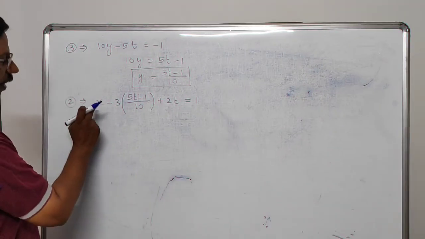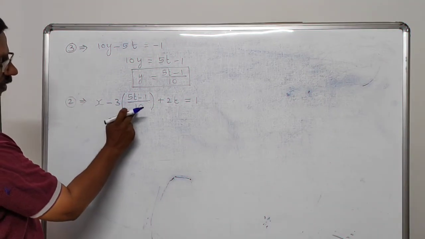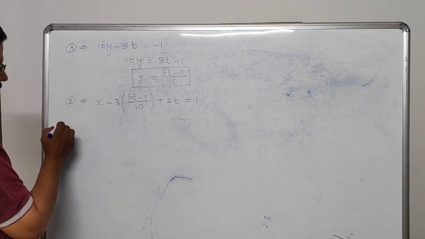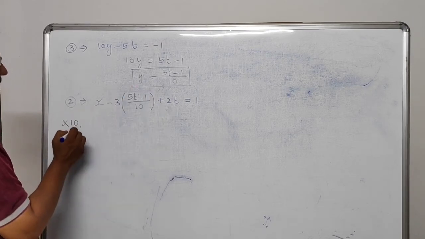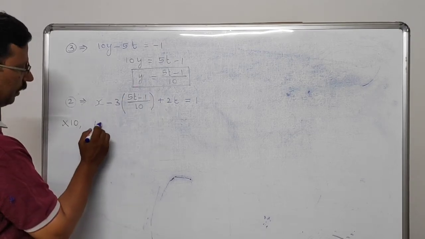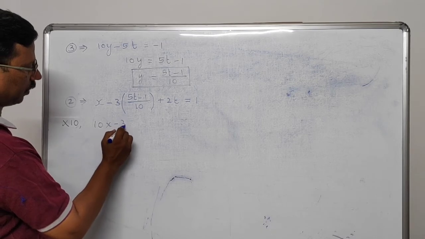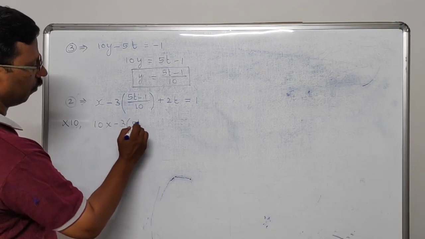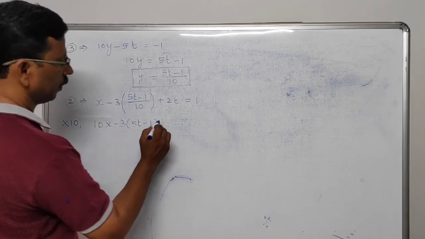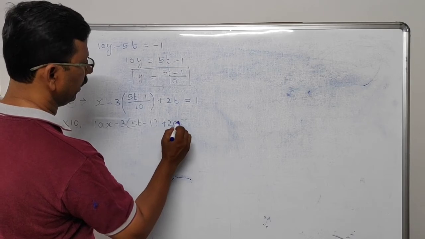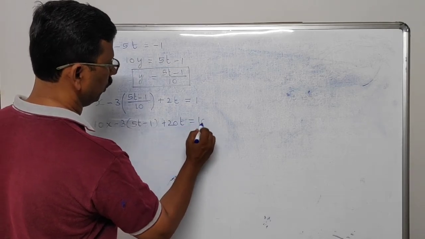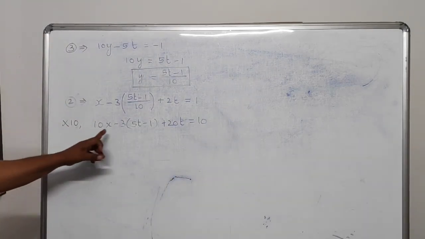Now to find the x value, since here we have denominator 10, you can multiply throughout by 10. Then you will get 10x minus 3 into (5t minus 1) plus 20t is equal to 10.